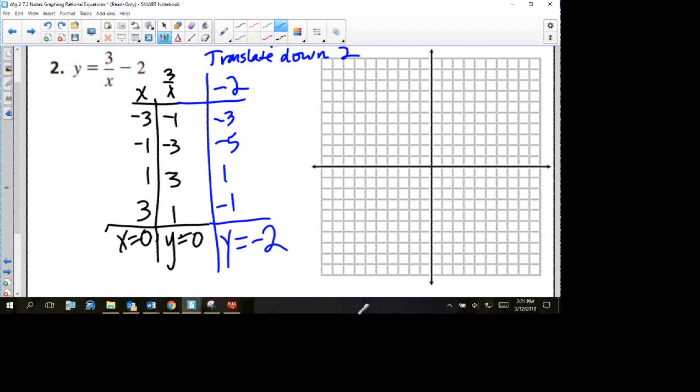So we graph x equals 0 for the x asymptote, because that one didn't change at all. And then y equals negative 2 would be the y asymptote. We have negative 3, negative 3, negative 1, negative 5, 1, 1, 3, negative 1. And they should look symmetrical, and then you use your asymptotes as guides to help you make those branches.